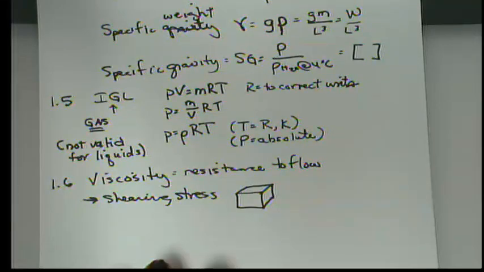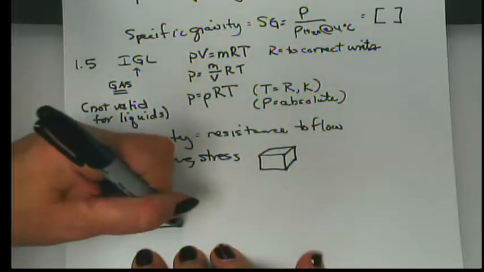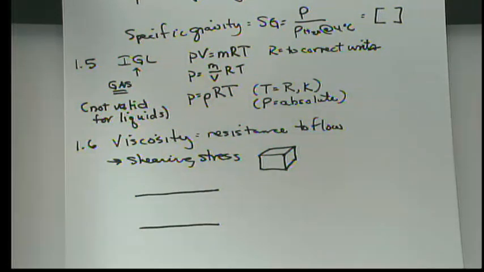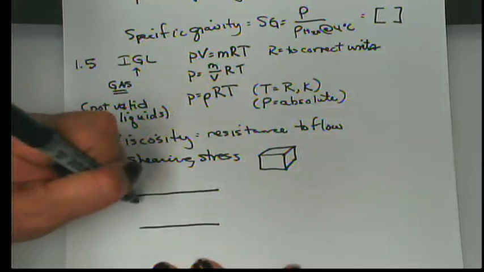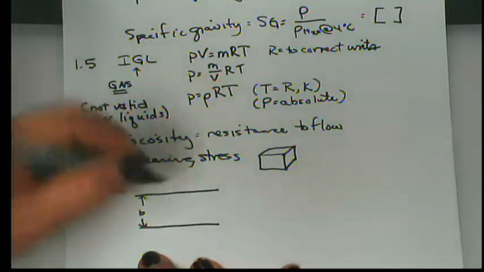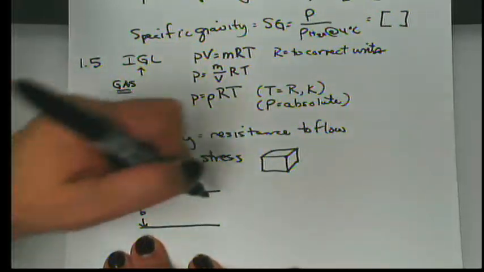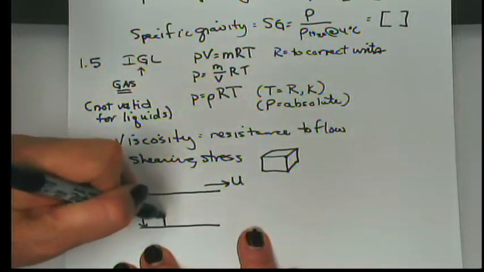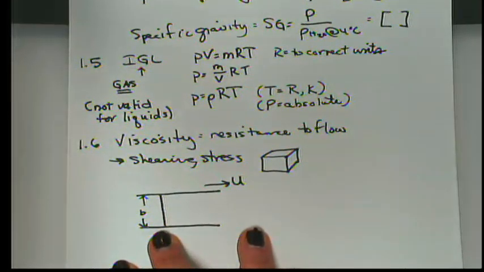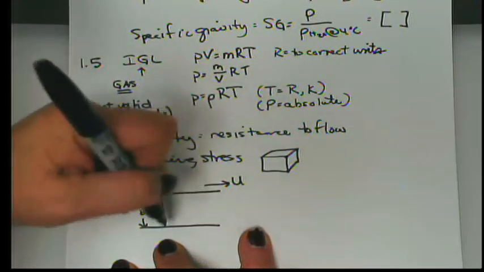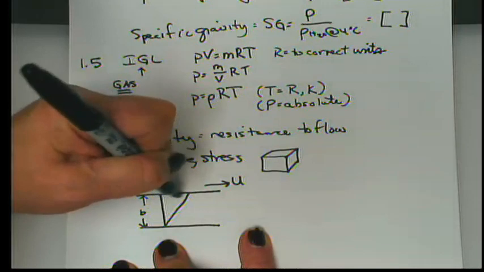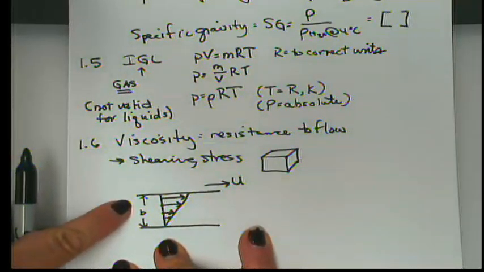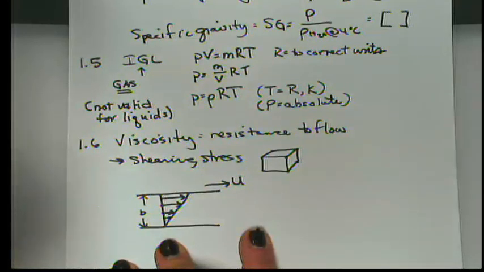Now, to define it mathematically, one way that we describe this behavior is if we take two plates, maybe two microscope slides, for example, and put a fluid between them that has some depth b, and you pull on the upper plate with some velocity U. What you'll find is that an element of the fluid, which was previously perpendicular to both plates, will deform as you pull the top plate, in such a way that the fluid near the top plate moves some distance compared to the fluid at the bottom plate.